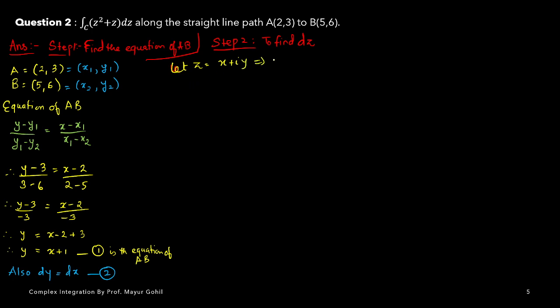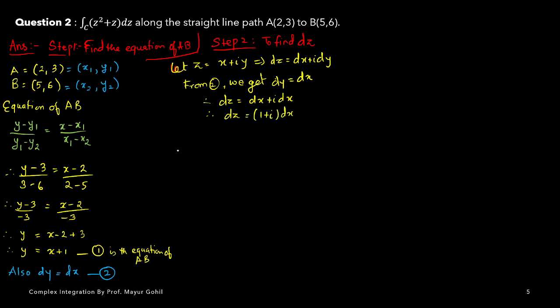So it means that dz equals dx plus i dy. But from 2, we get dy is dx. Therefore dz equals dx plus i dx. So therefore dz equals (1 plus i) dx. Now let's go for step number 3 quickly.